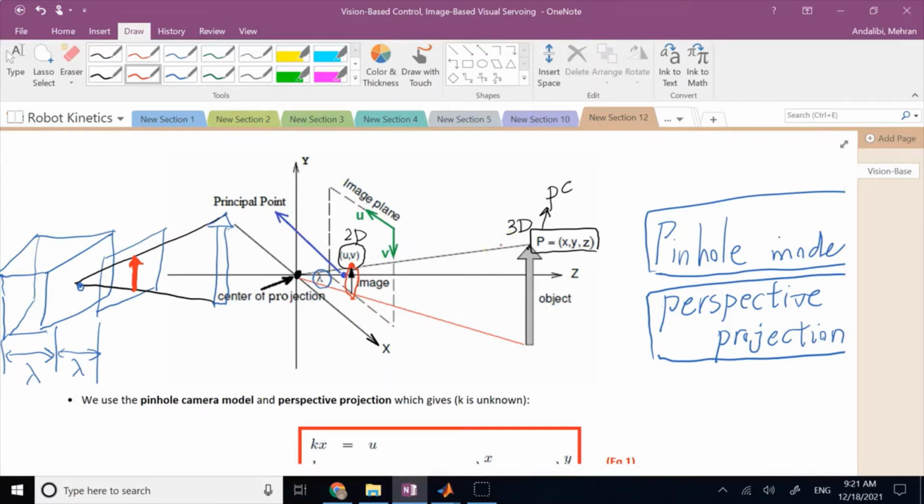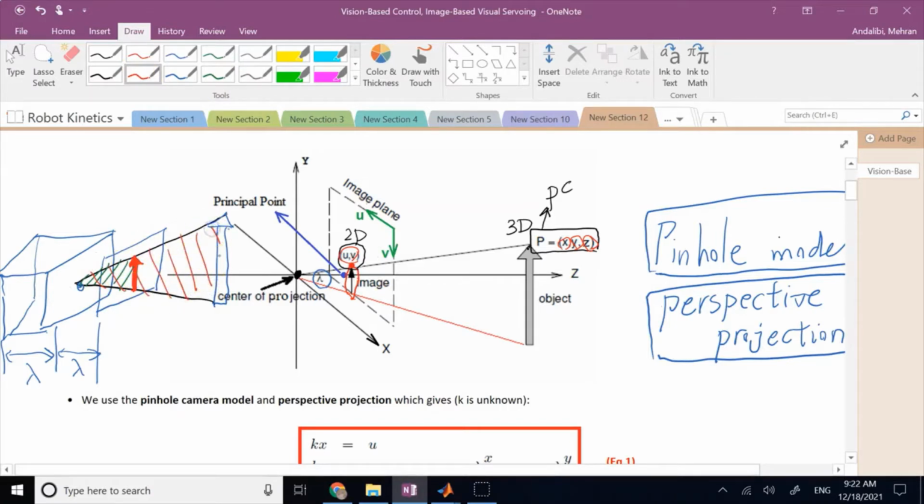As I said, it's the relation between the coordinates x, y, and z and the coordinates what? U and v. How do I do that? I use geometry here. I use the similarities of triangles. Here it's going to be this small triangle, and then as well, this big triangle here, this one.